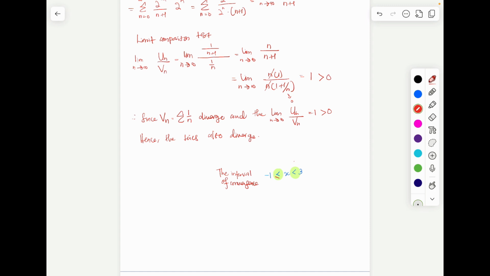You can also write this as [-1, 3). Okay, the interval of convergence.